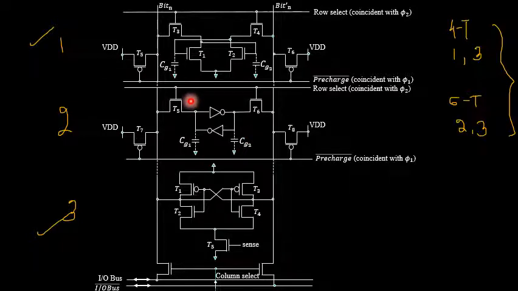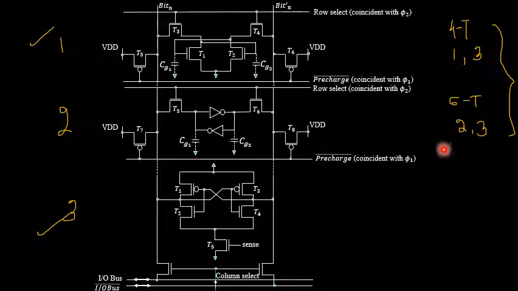So coming to the concept of 4 transistor now. Why is it called 4 transistor? The transistors T1, T2, T3, T4 are responsible to perform the memory operation in case of a 4 transistor dynamic memory cell. For that purpose, it is designated as 4 transistor type of dynamic memory cell.